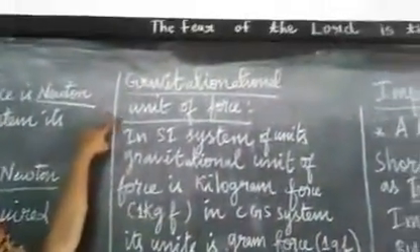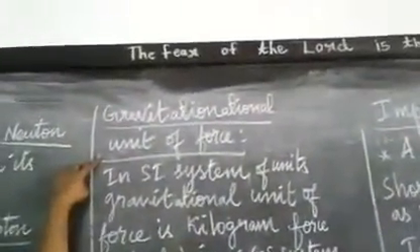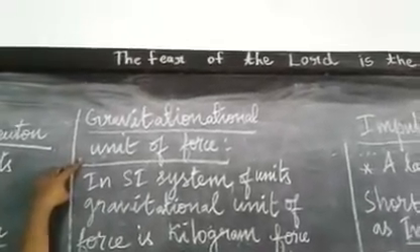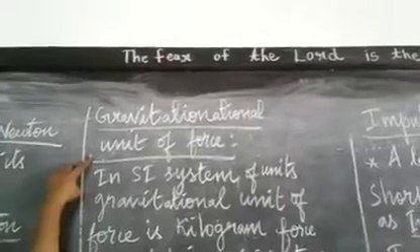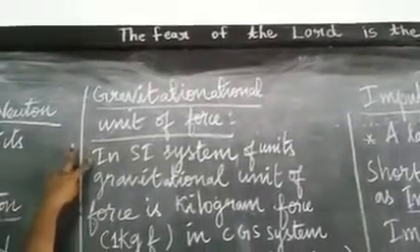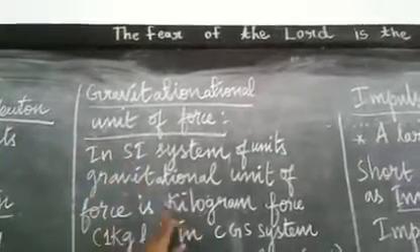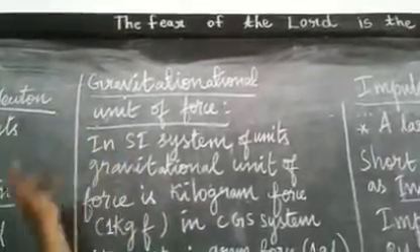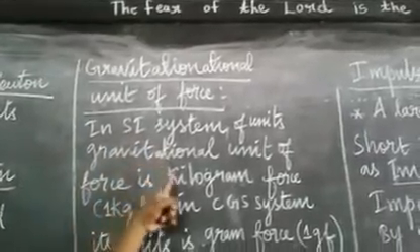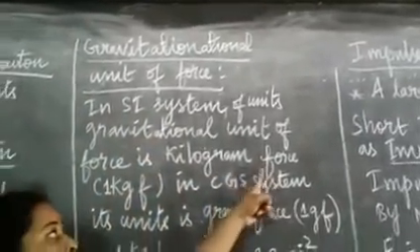Next we will study the gravitational unit of force. Gravitational force: we know that every object attracts another object. Its unit again has two systems, the SI system and the CGS system. In the SI system, the unit of gravitational force is kilogram force.